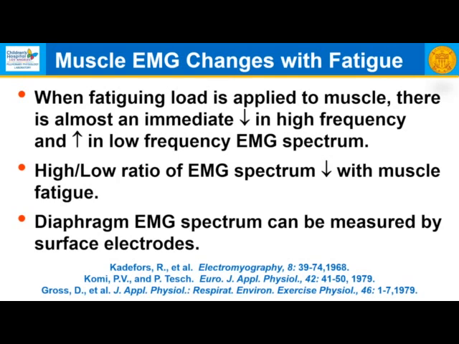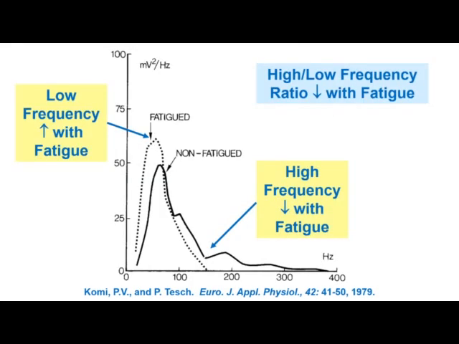The high-low ratio of the EMG spectrum decreases with muscle fatigue. The diaphragm EMG spectrum can be measured by surface electrodes. So here's what happens. If we plot energy at different frequencies in the electrical signal, with fatigue, the low frequency increases and the high frequency decreases.